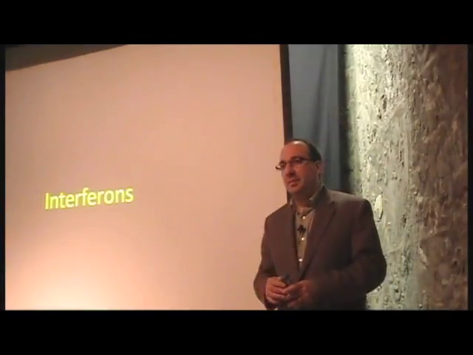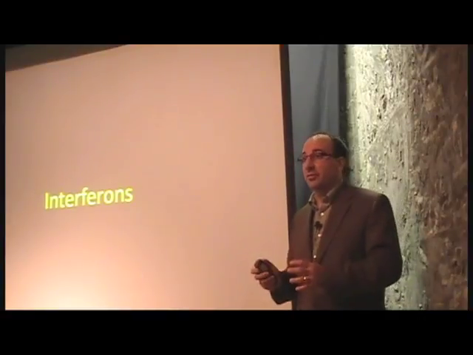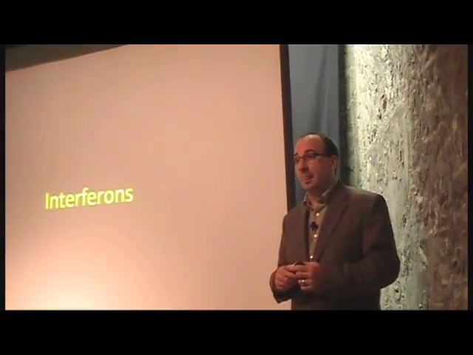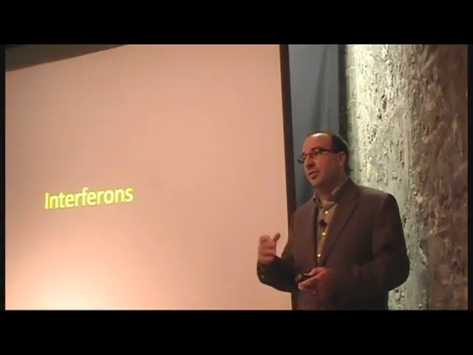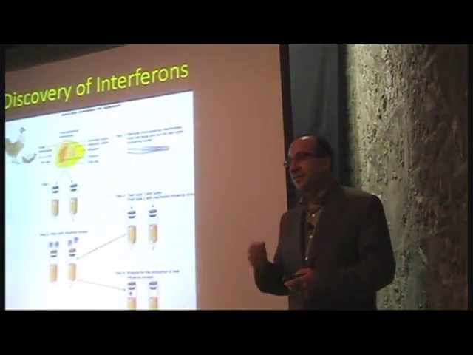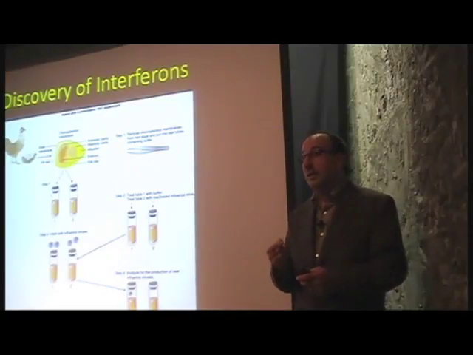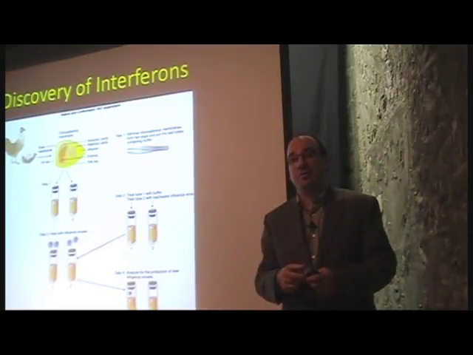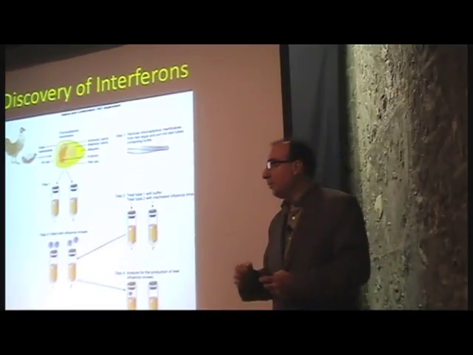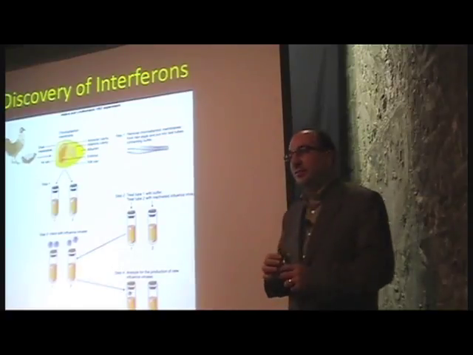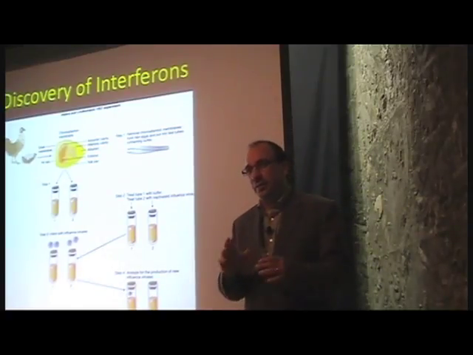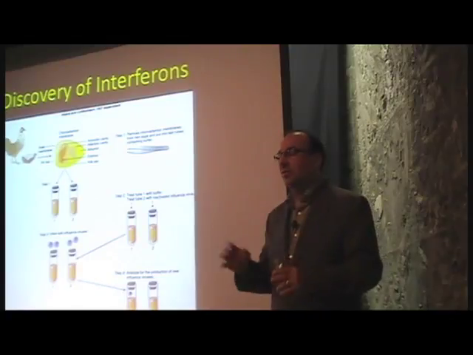And I want to spend a little bit of time talking about the interferons. The interferons are a unique class of proteins that are turned on very early in response to a viral infection. Now, the interferons were discovered in 1957 through a really simple and elegant experiment.